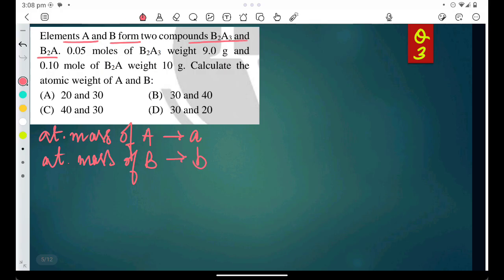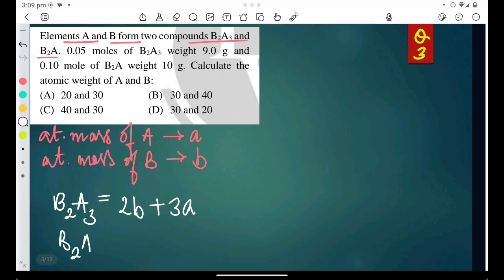So using this, I can calculate the molar mass of A2B3. What is the molar mass? 2 times the mass of B plus 3 times the mass of A. And what is the molar mass of B2A? B2A molar mass is 2 times the mass of B plus 1 times the mass of A. And this is the molar mass we have calculated.